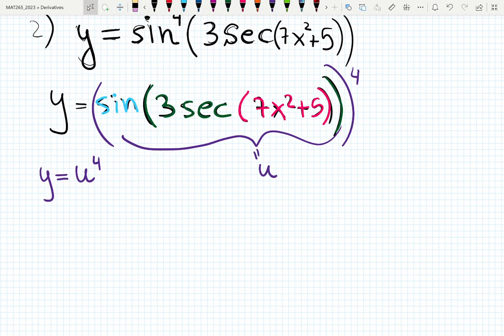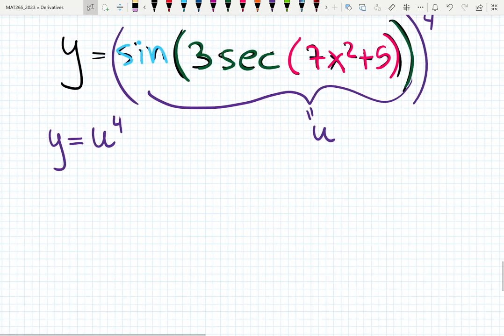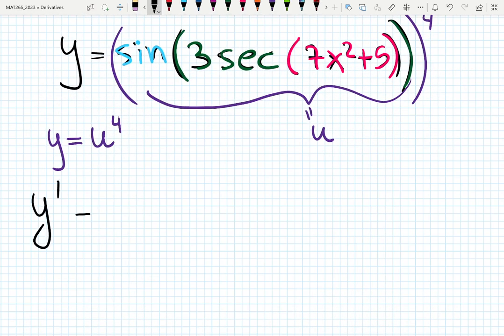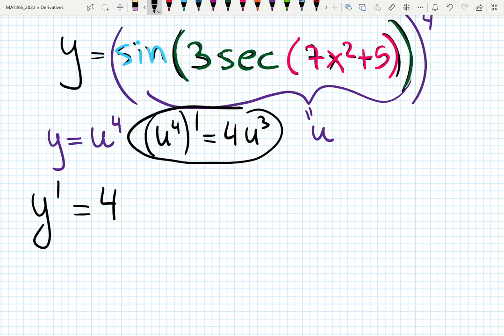Let me move it like so. y prime equals, I know u to the 4, 4u to the third, right? This time I will do it very slowly. This is probably the last time I will do it very slowly. I want to make sure, because chain rule is the topic that people usually get stuck with.